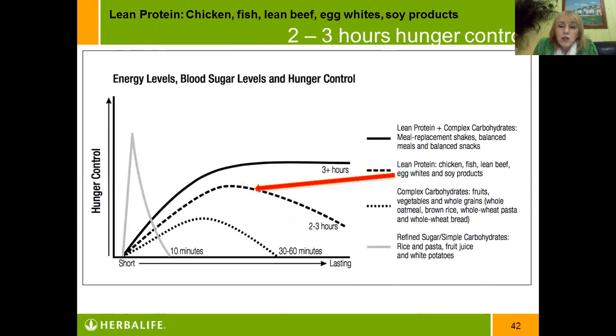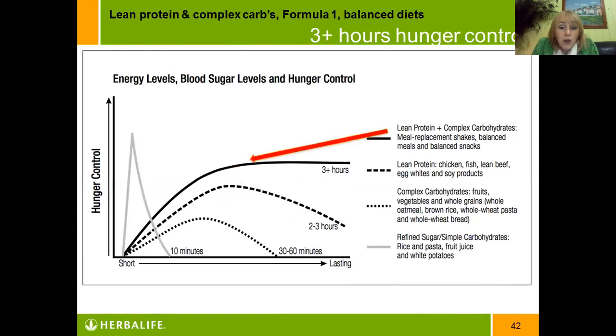When you're on a weight loss regime, you need something to last you a lot longer and give you a lot more energy. So you'd be looking to go for the lean protein plus the complex carbohydrates. When you combine them both, like for instance meal replacement shakes or balanced meals and balanced snacks, you can see at the top of the chart there, it's giving you the best hunger control and the best energy boost.